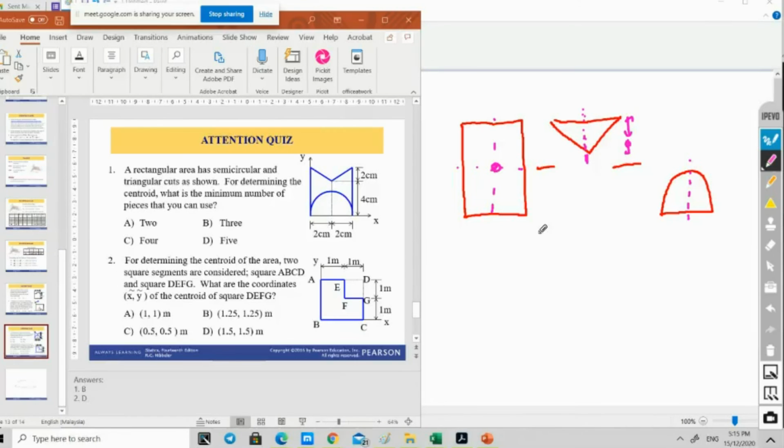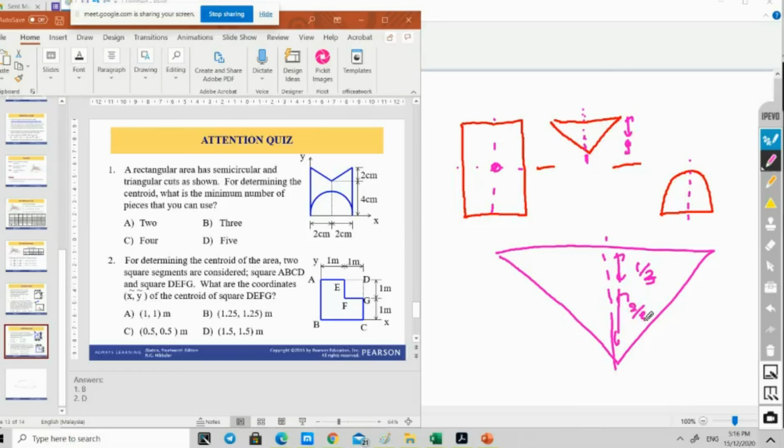Yes, and then, how do you say it? Like the x is on the symmetry line, and the y will still be on the symmetry line, right? For the triangle, yes, correct. The triangle doesn't have any symmetry here, right? When you have something like this, it is symmetric here, meaning it's a mirror. But you do not have any symmetry here. Here it is more like 1/3, 2/3. For the height it is 1/3.